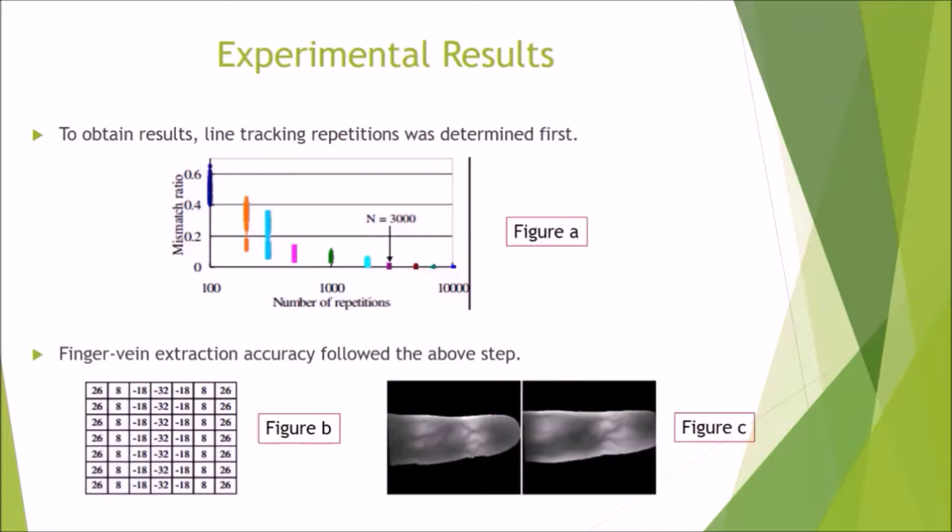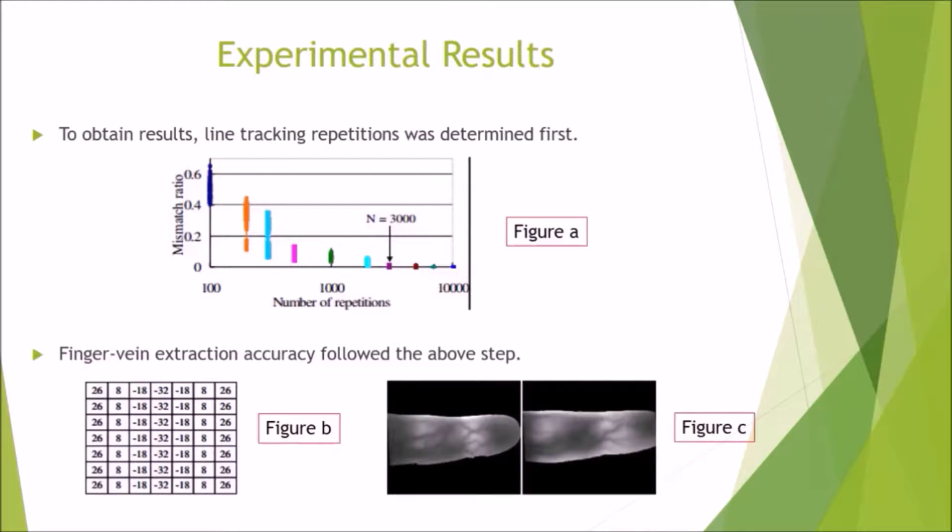This step was followed by accuracy of the finger vein extraction. To determine whether the proposed method faithfully extracts the patterns of veins, we investigated the correlation between the patterns extracted with the proposed method and the actual patterns. The two-dimensional filter kernel is designed so that its profile matches the cross-sectional profile of a typical vein.